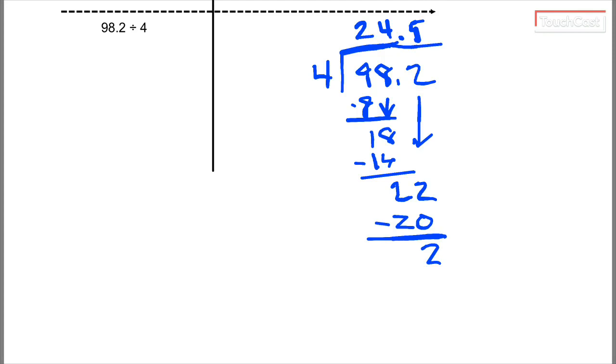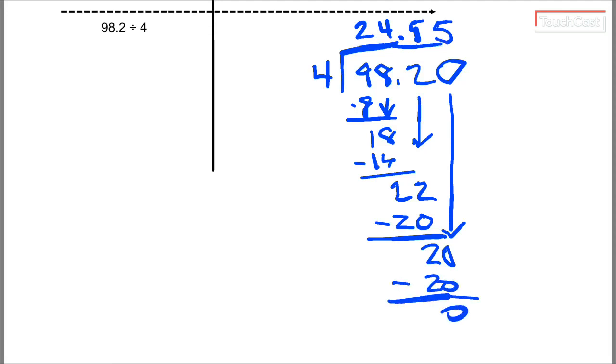And again, since our answer is a decimal, we have to keep adding zeros. We add a 0. We bring it down. 4 goes into 20 5 times. We don't have a remainder now. Our final answer, 24.55.